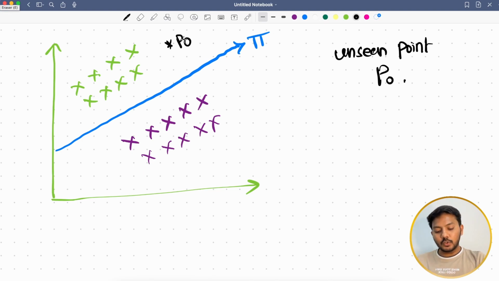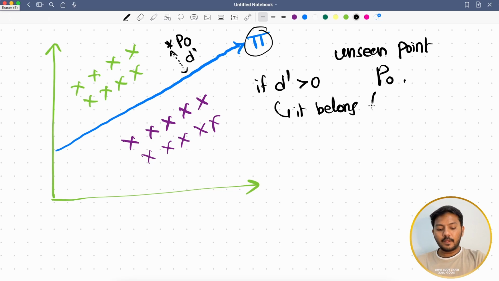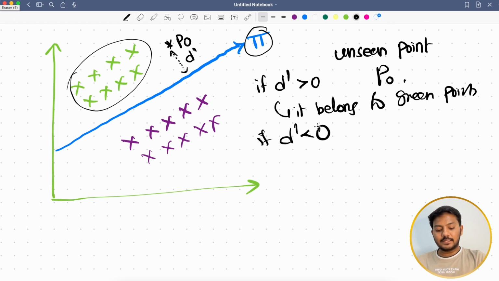So what we will do, we will find the distance d dash of p naught from my plane, and if d dash is greater than 0, it belongs to the green points class, and if d dash is less than 0, that means my point should lie on this side. So this is my p naught and this would be my d dash.